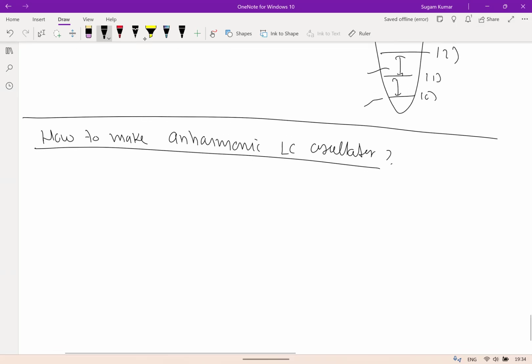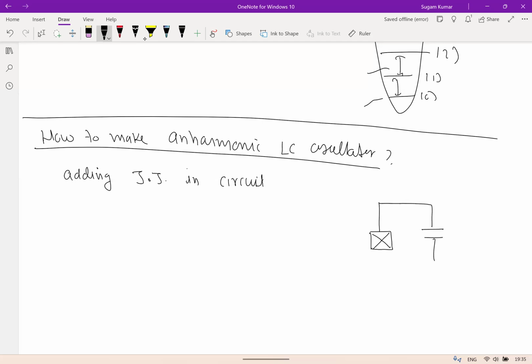This is done by adding a Josephson junction in the circuit. So I will show you that if you add one Josephson junction in the circuit, this Josephson junction is going to actually replace this inductor.